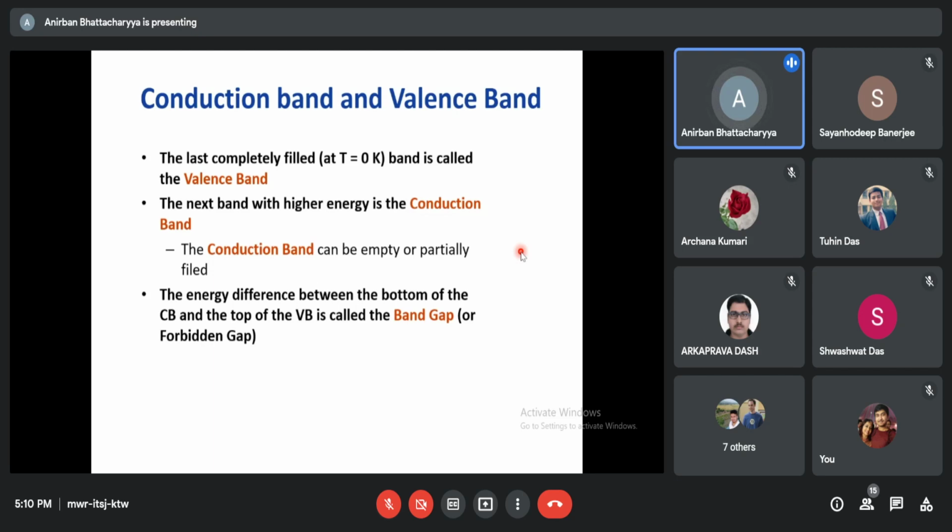So if I'm shining light and the photons do not have enough energy, what will happen? If there is a band gap of say 3 electron volts and the photon energy is 2 electron volts, what will happen?